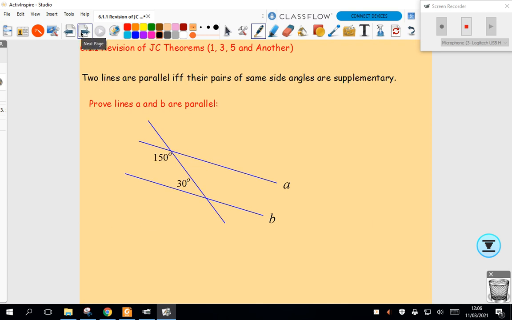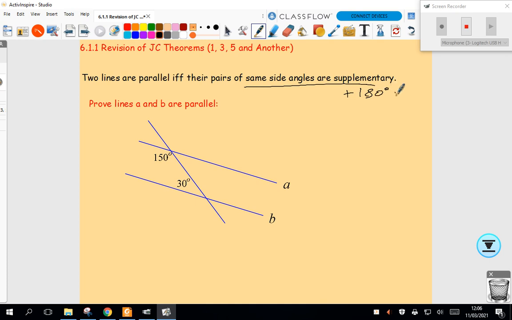Prove lines A and B are parallel. Okay, again, why are they parallel? Because lines are parallel if their same side angles are supplementary. Remember, supplementary means they add up to 180 degrees.